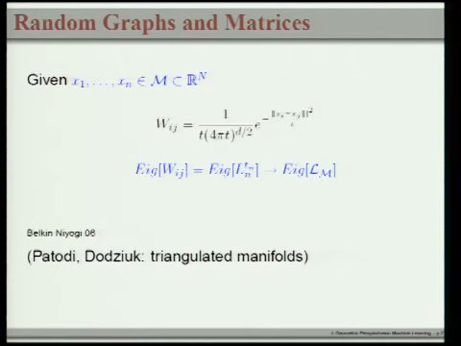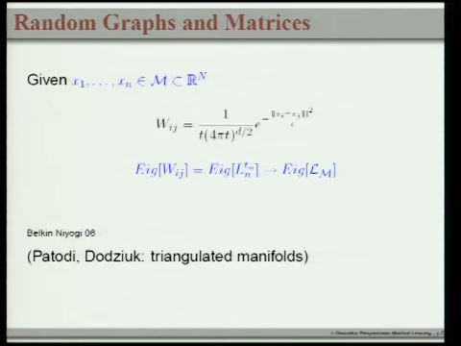So that's the matrix W. That's a random matrix. And then the eigenvalues and eigenvectors of this random matrix converge to the eigenvalues and eigenvectors of the true Laplacian, provided t goes to 0 in a certain sense.